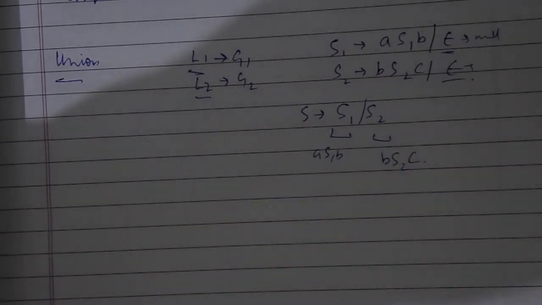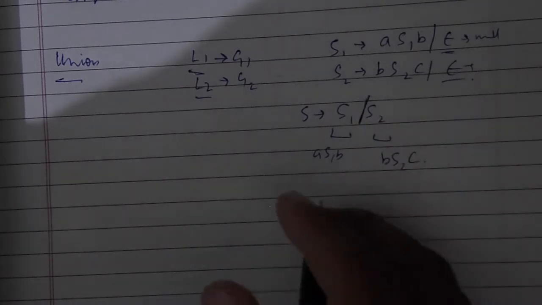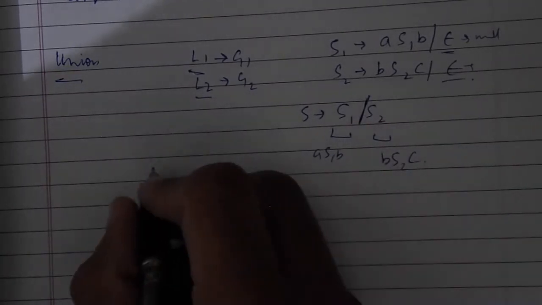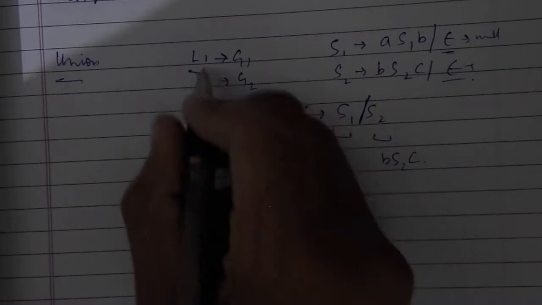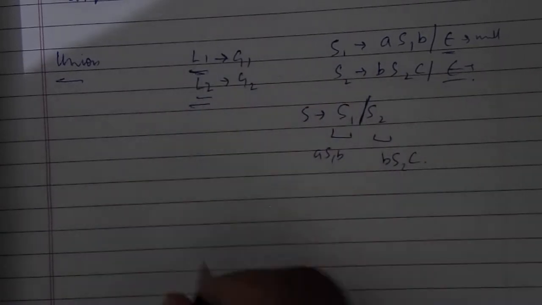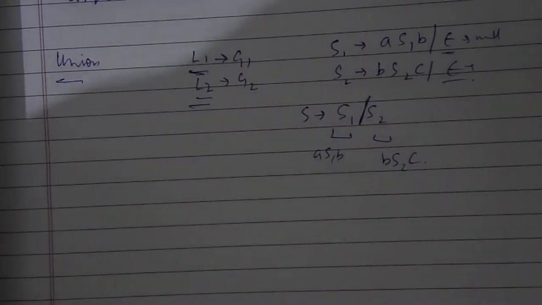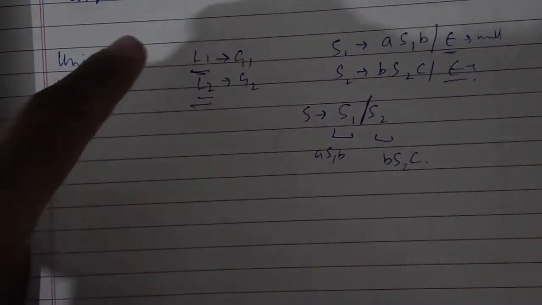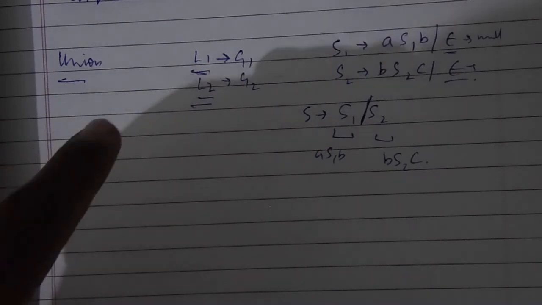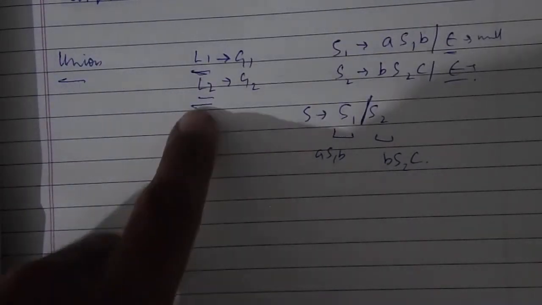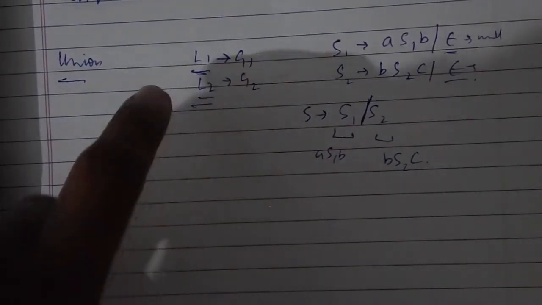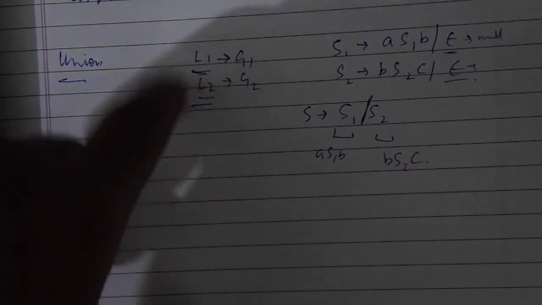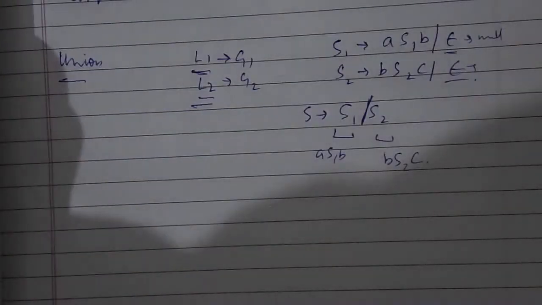To show closure under union, I put a slash in between. Hence we can say that L1 and L2 are closed under union. The basic meaning of closure is that if language L1 is a CFL and L2 is also a context free language, then if I take the union of both languages, the output I get is also a CFL.